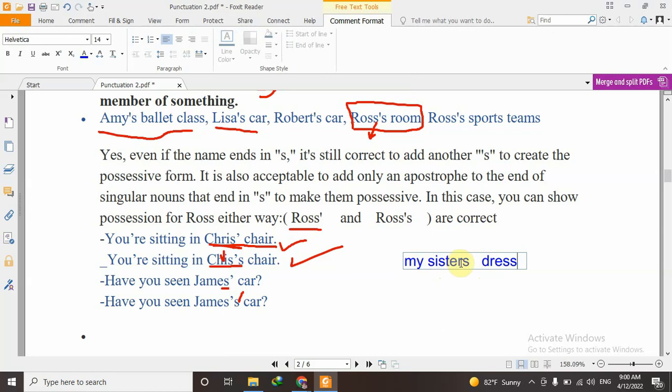Sisters ends with a plural s. This is a plural s. So I'm just going to put an apostrophe. My sisters' dress, only an apostrophe.